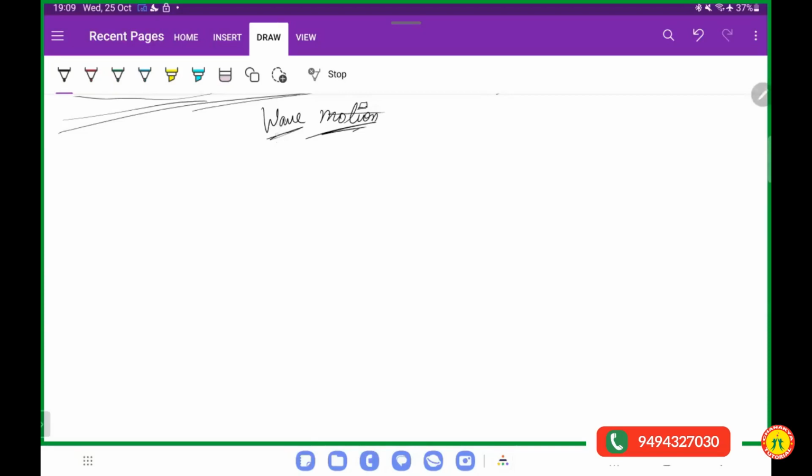Whatever motion it is, as we are drawing, generally we are drawing this way. But it's not just this, it can be this also. That's what we are going to see today.